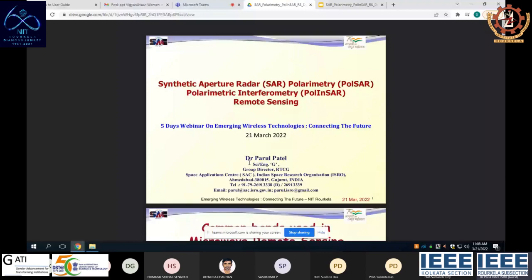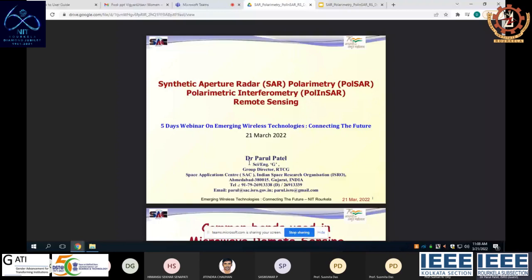synthetic aperture radar. So let's see why we do microwave remote sensing at all. In the optical remote sensing or electro-optical region, thermal or optical, it's pretty straightforward, and the images are easily understandable because it's the way we observe with our own eyes.